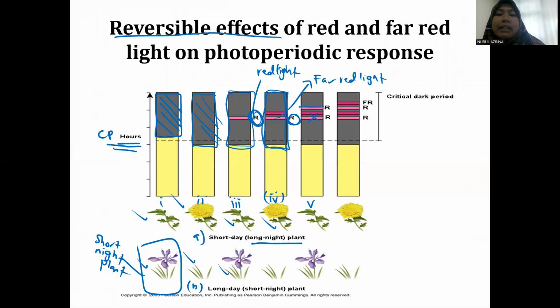Then you have here a single red light. So the effect will be diverted. The plant is not flowering. But if you give red, far red, and red, far red, the plant will flower. So it must be reversible between red and far red.